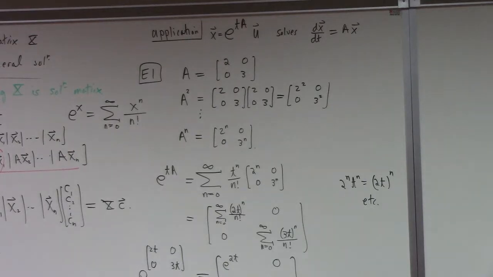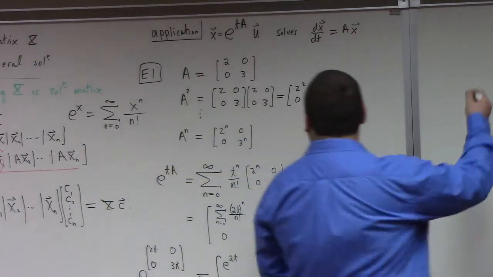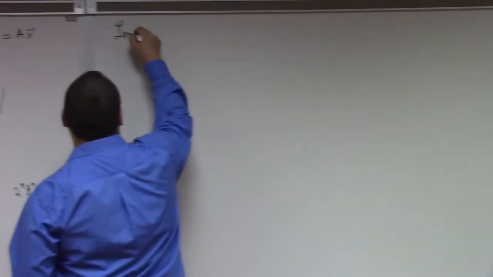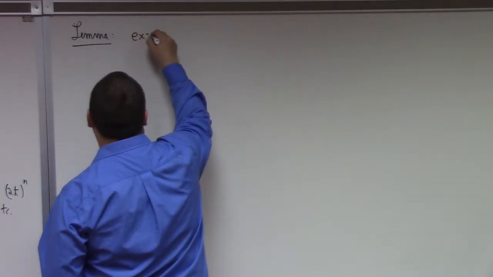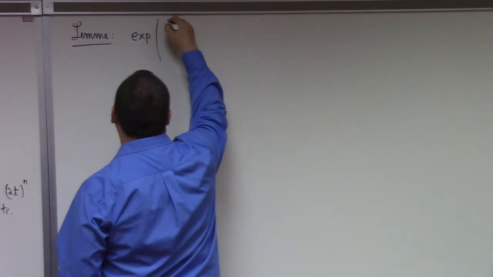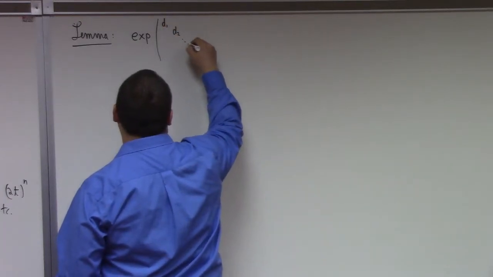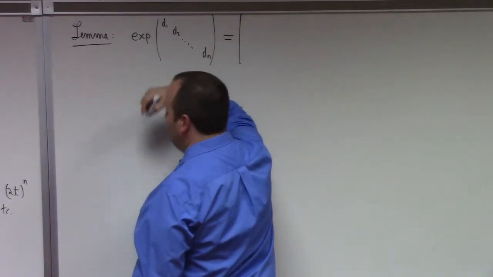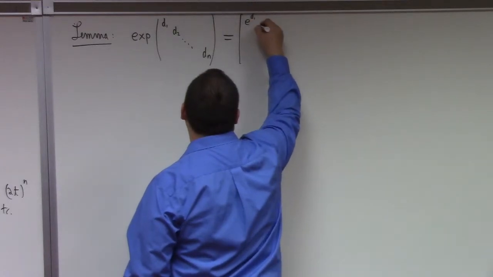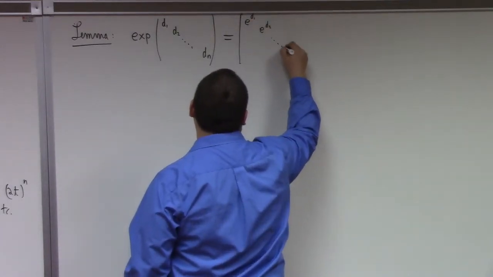So the point here is that the exponential of a diagonal matrix is again a diagonal matrix where the diagonals are the exponentials of the original diagonal entries. Let me write it down in general. Lemma, basically extrapolating from example 1: if you take the matrix exponential of the diagonal matrix with d1, d2, dn, then through a very similar calculation to the one we just did, this is the same as the matrix with e to the d1, e to the d2, e to the dn.